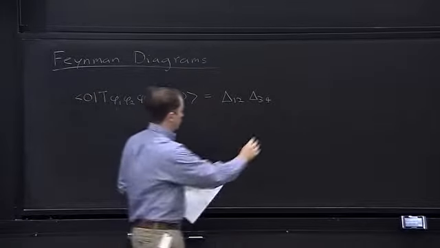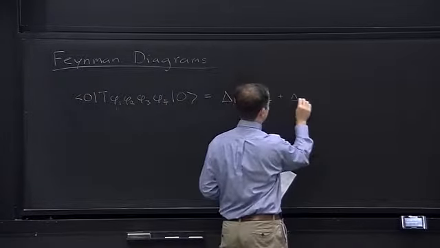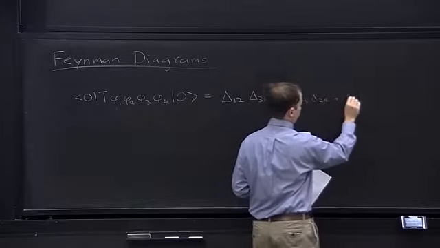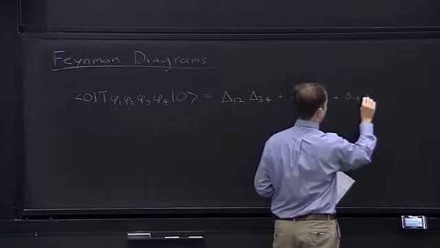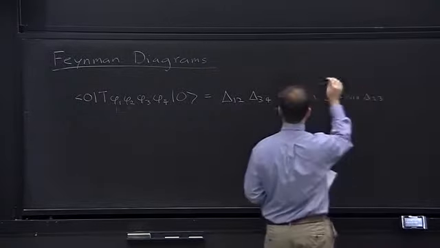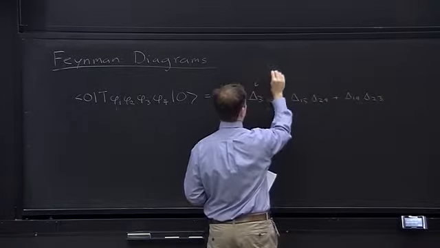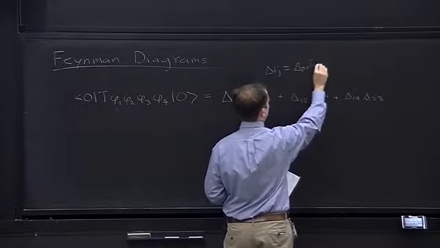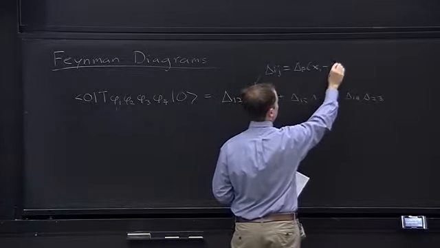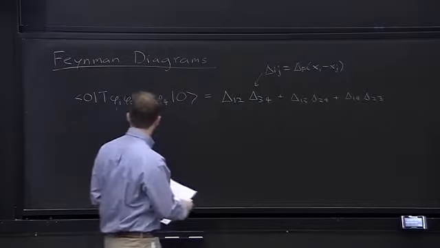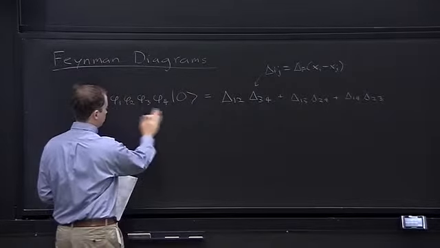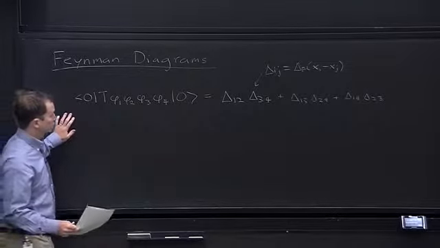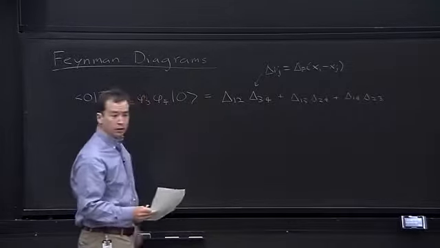We could also contract 1 with 3, 2 with 4, or 1 with 4 and 2 with 3. And here our notation is that Δ_ij is the Feynman propagator from x_i to x_j. Okay, so we'll compute this using Wick's theorem.